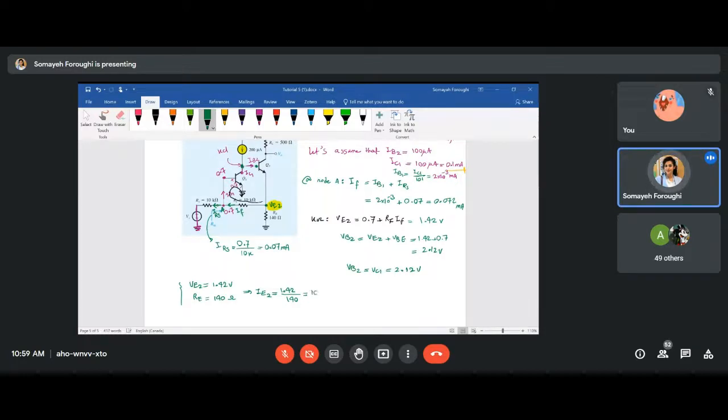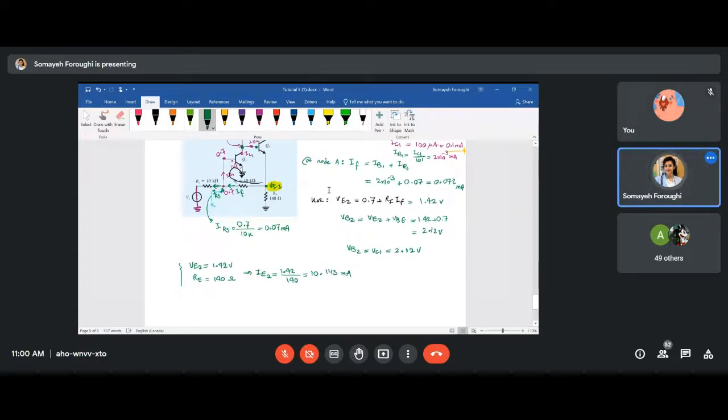You will have almost 10.143 milliampere. As you have your IE2, IC2 will be beta over beta plus 1 times IE2. They're pretty close. They're almost the same as IE2. And finally, you will have 10.1215 milliampere for your IC2. And that's it. We found it.